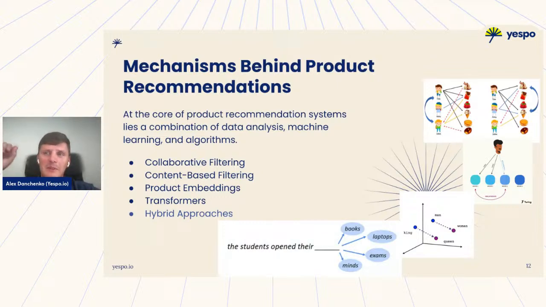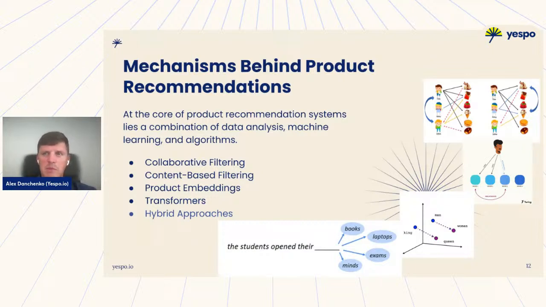So till this moment of time, till the beginning of this year, even in Yespo, for product recommendations and for many platforms yet, the most effective and most popular mechanisms that help us to generate the best predictions are based on collaborative filtering or content-based filtering.